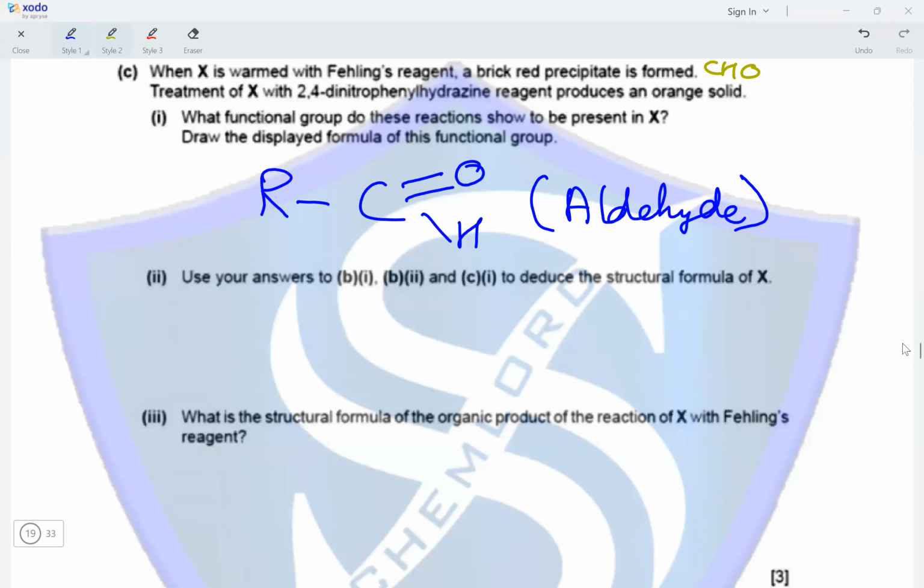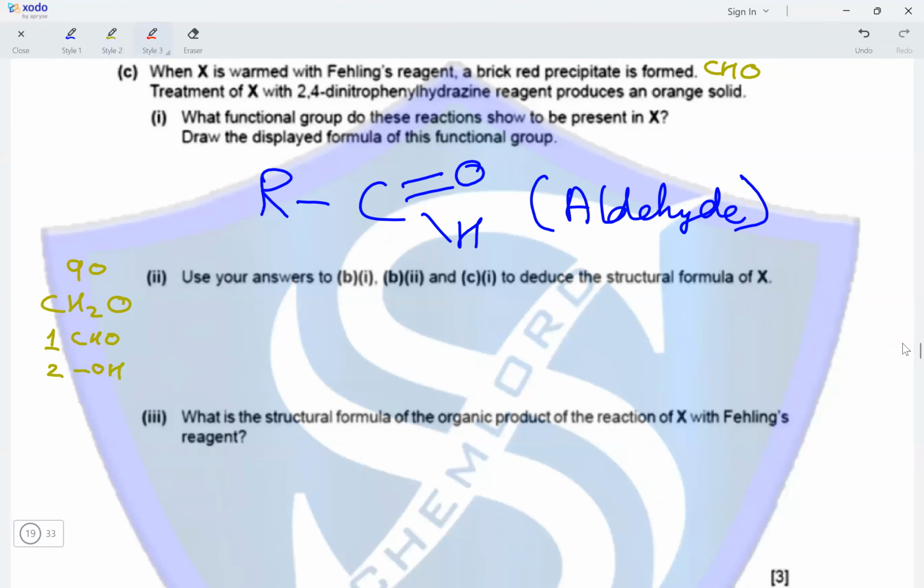So if we have CH2O as the empirical formula, the MR is 90, we have presence of one CHO group and two OH groups, which would be attached to carbon atoms. So in total, we've got three oxygen atoms present, which means we would have three carbon atoms present.